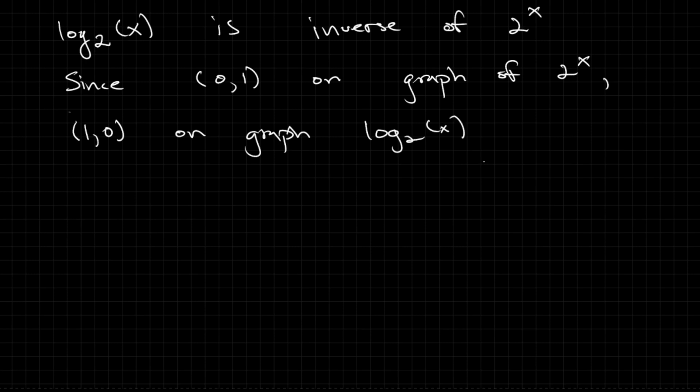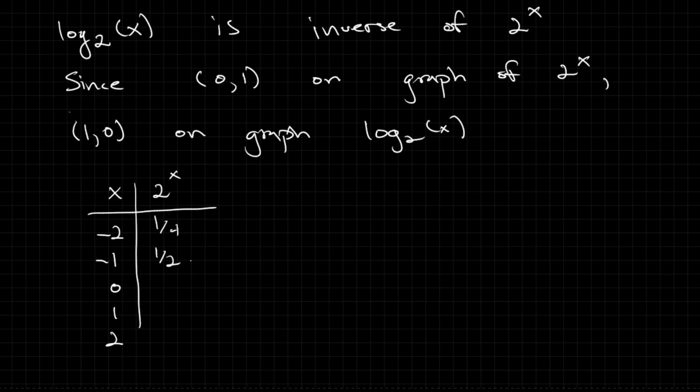And this actually leads nicely into discussing the other way to graph these logarithmic functions. So if you want to graph log base 2 of x, one thing you could do is create a table of 2 to the x. So -2, -1, 0, 1, 2, and fill in the y values, which it's easier to fill in the y values for this exponential function.